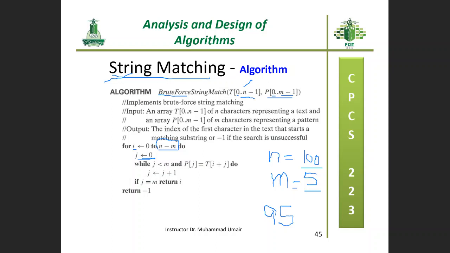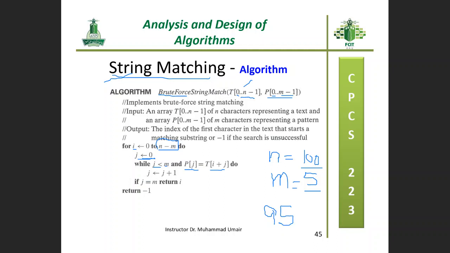So what we are doing, we are iterating while j is less than m. m is the length of the pattern, so we will keep on comparing as long as j is less than m, because the index starts from 0, so it will iterate till m minus 1. In every iteration, we are comparing the character of the pattern with the corresponding character in the text. So if p of j is equal to t of i plus j, for example, the first character of the pattern is compared with i plus j.